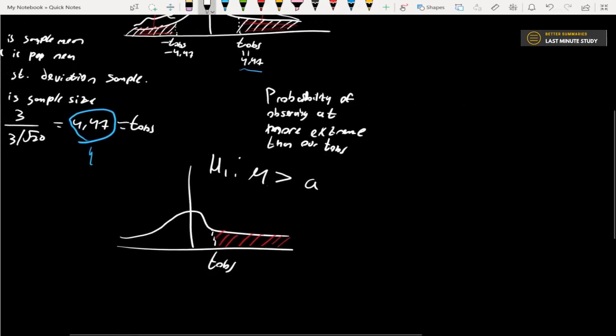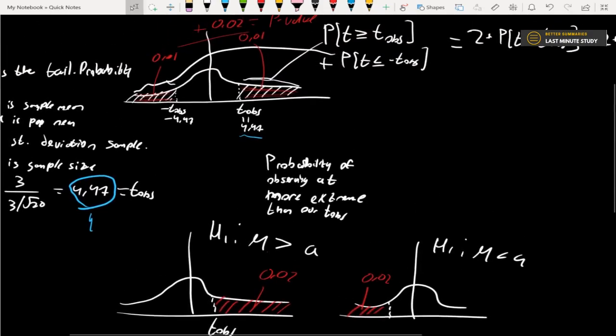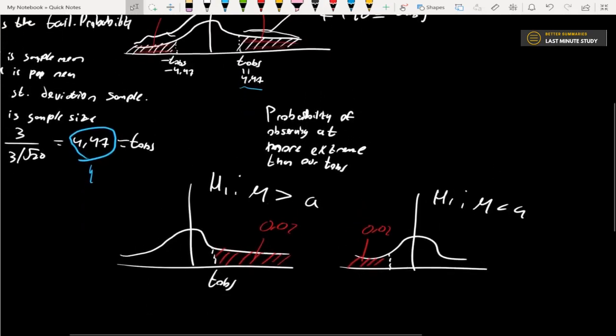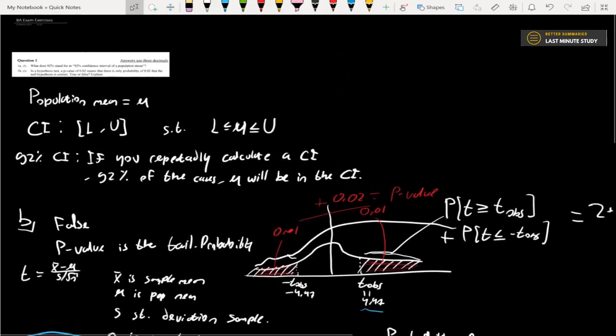And I think you're getting it. But suppose you have that H1 is mu smaller than some constant, then we care about this area, right? And then this will be 0.02. Yep, that's it. It was quite easy. Just think of the definitions and that's all.